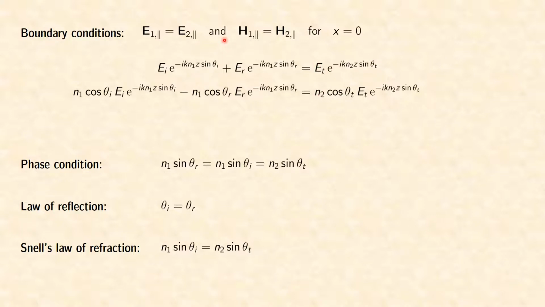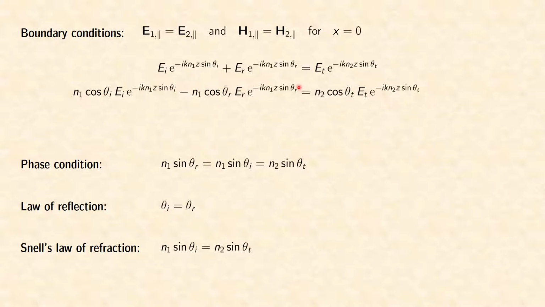In case of the magnetic field, we must be a little bit more careful because the magnetic field has a component in x direction which is perpendicular to the surface, and we have to skip that because the boundary condition is only for the component which is parallel to the surface, and this is the z component. Therefore we have these cosine factors in all three terms.